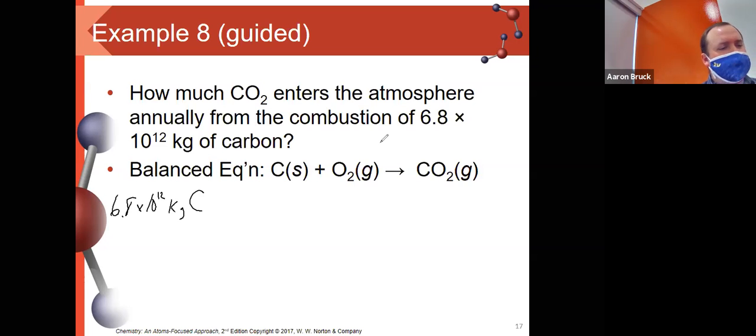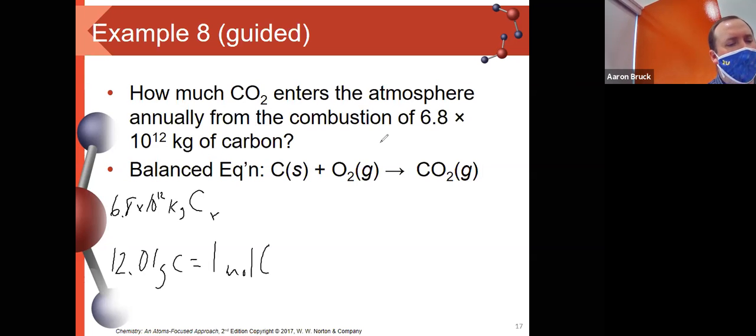And so one of the things I can do is, if 12.01 grams of carbon is equal to 1 mole of carbon, I can make the same argument that if I multiply both of those numbers by 1,000, I would get the same ratio.